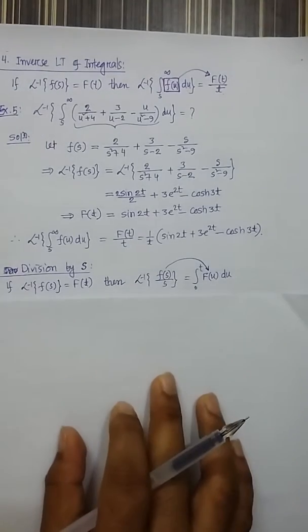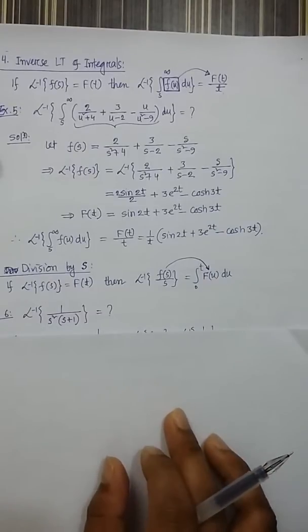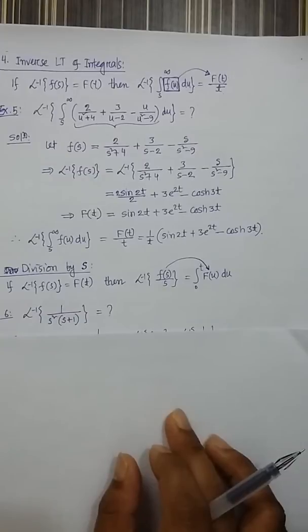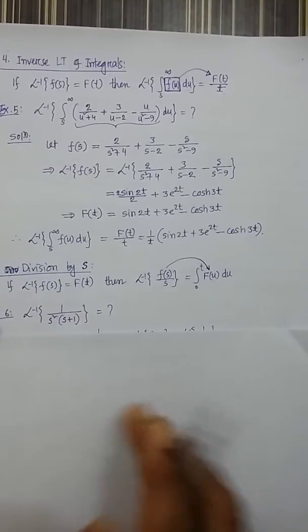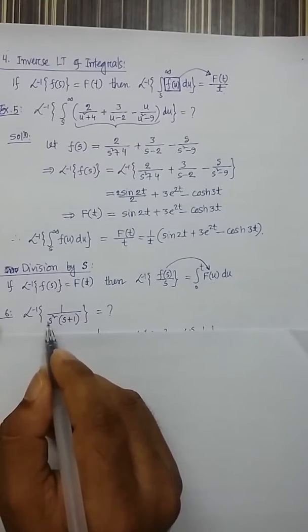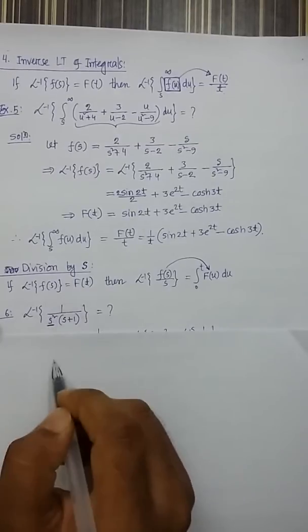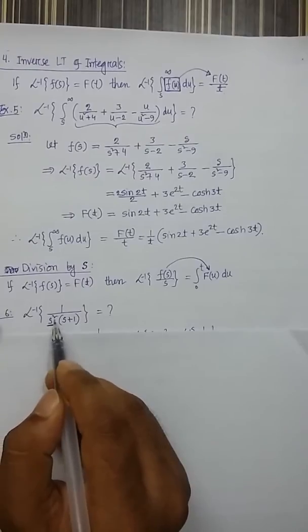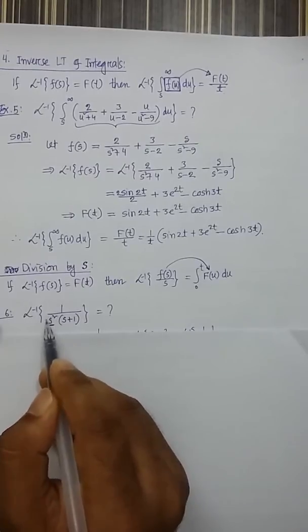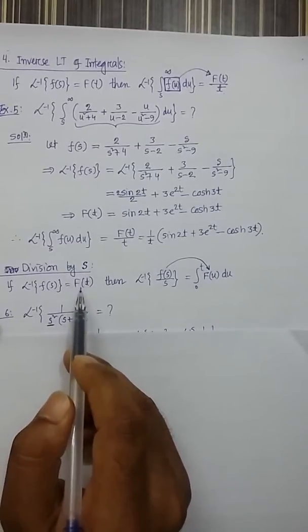So let us discuss an example. The problem is L inverse of 1 by s square into s plus 1. How will we identify whether the given inverse transform is a division by s property? If you find any free s, whether it is s square, s cube, or any integral power of s, with any other functions in the denominator, then you are sure that the given inverse transform matches the division by s property.